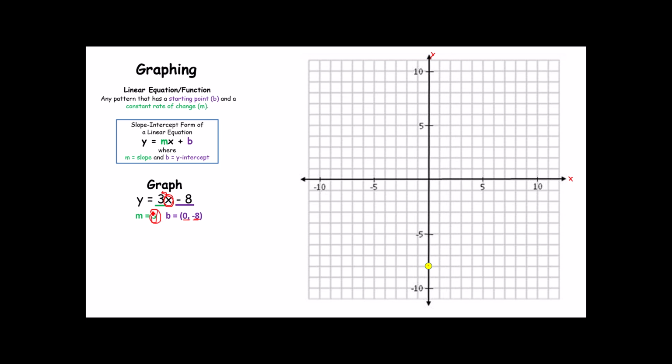I'm growing 3 every time x gets bigger by 1. So I come over here to my first dot, this 0, -8, and I say, let's go up 3 spaces. Notice 1, 2, 3, every time I go over 1. That's going to give me the second value in this pattern. Whatever's in position 1, if I put a 1 in for x, 3 times 1 minus 8 is -5.